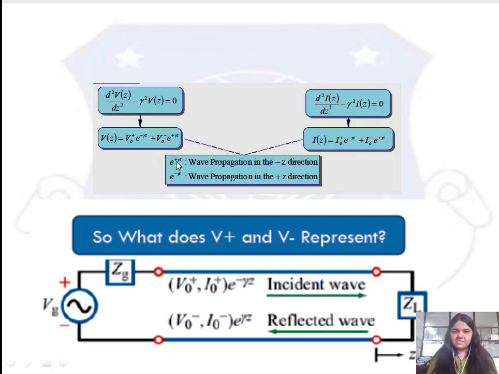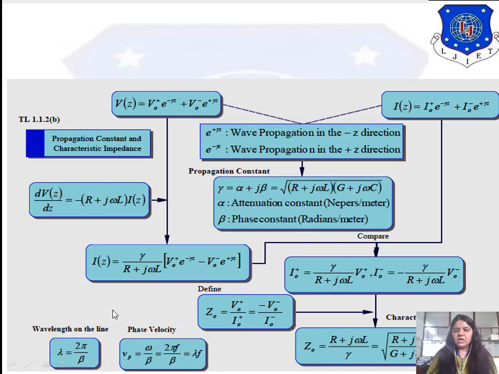So e raised to plus gamma z is the wave propagation in the minus z direction, and e raised to minus gamma z is wave propagation in the positive direction. V0 plus is the incident wave towards the load, and V0 minus is the reflected wave, which is reflected from the load to the generating end.